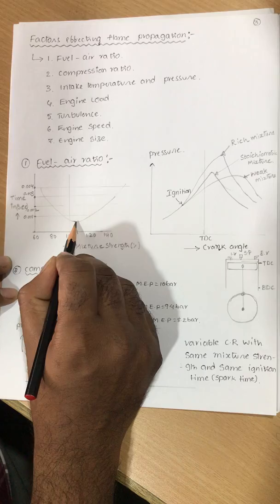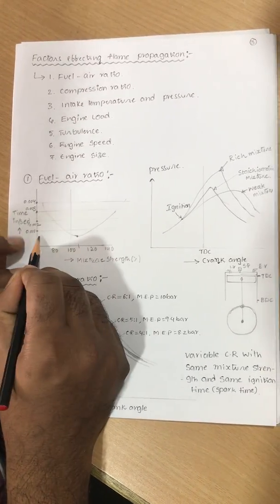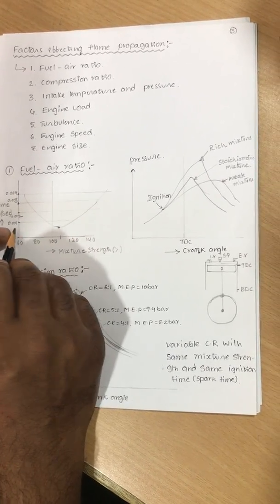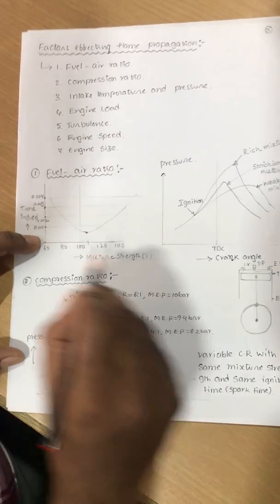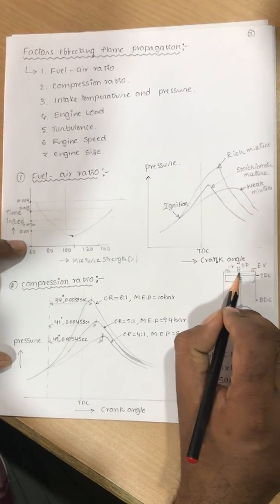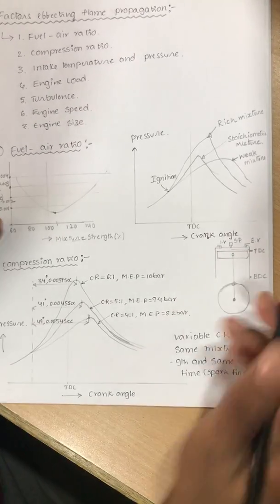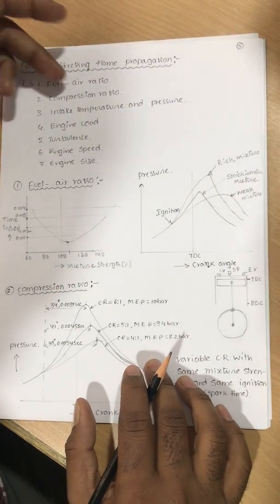So I get very little time, quite less than 0.01 second, when the mixture is 10% richer than stoichiometric. Less time to reach the end portion means speed is more. If the speed is more, automatically time is less. So this is the meaning of air fuel ratio.